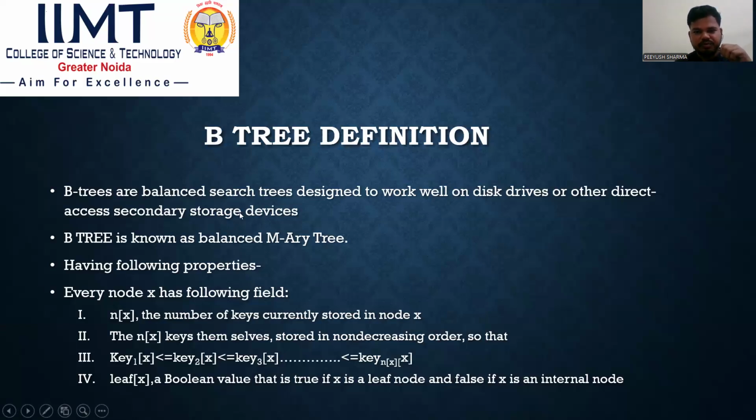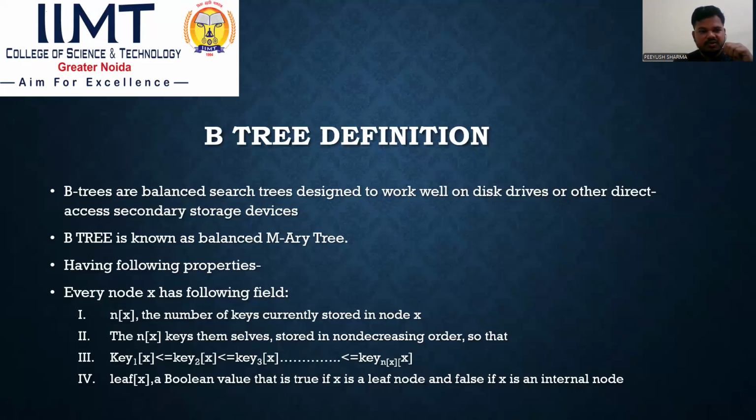So to put data on the secondary storage and to retrieve data from the secondary storage, we need a data structure. And for that purpose, we use B-tree, right? So B-tree is a balanced search tree designed to work well on disk drives, whether we are writing data or retrieving data.